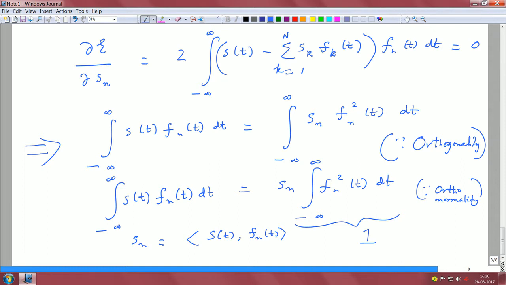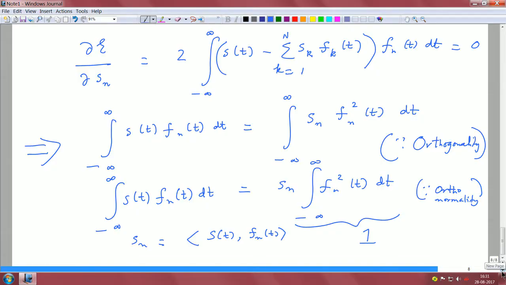Which also makes sense if you think about it: this is basically giving you the coordinate of the signal S of t in terms of these bases F_n(t), clear, is one way of looking at it. The other way is just recasting it in terms of a square error, taking these partial derivatives and then computing what you need to compute. Okay.